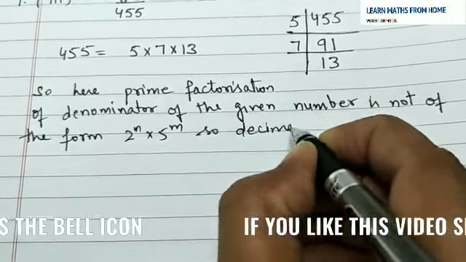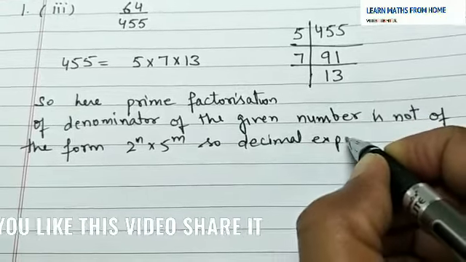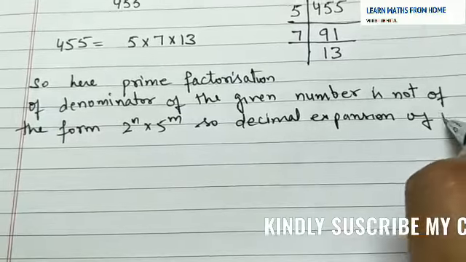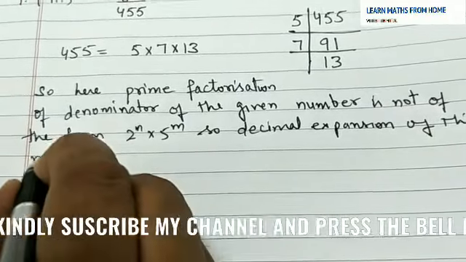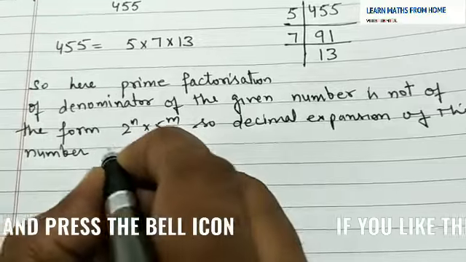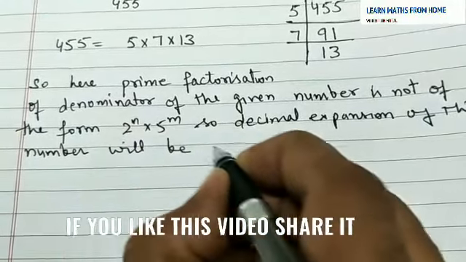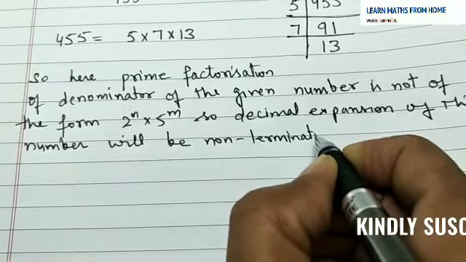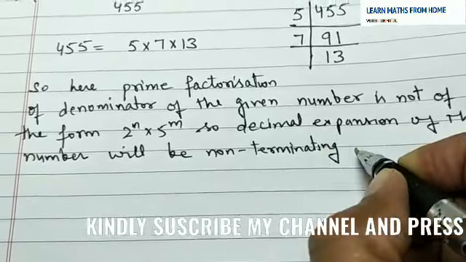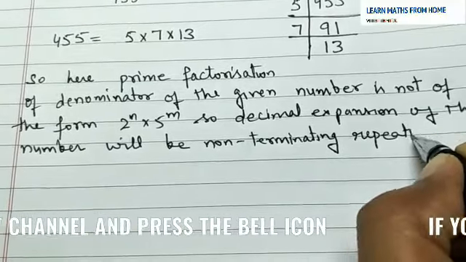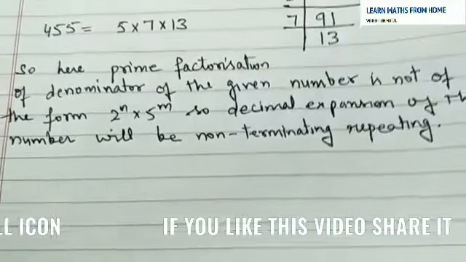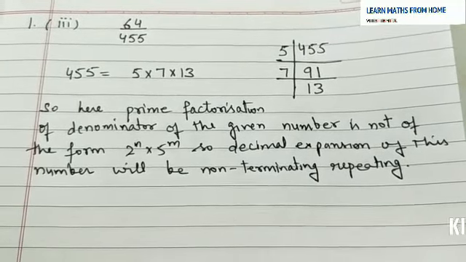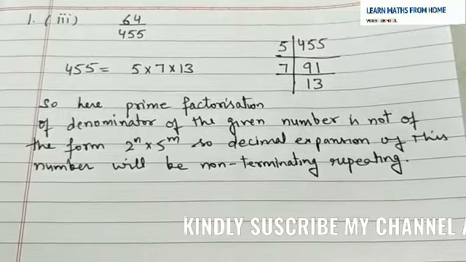So the decimal expansion of this number will be non-terminating repeating. So here we have used theorem 1.7. So this is how we have to do this question.